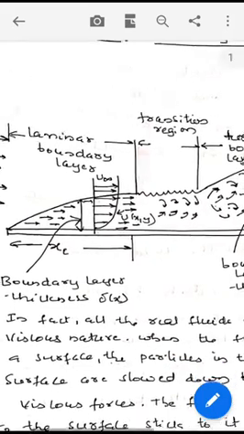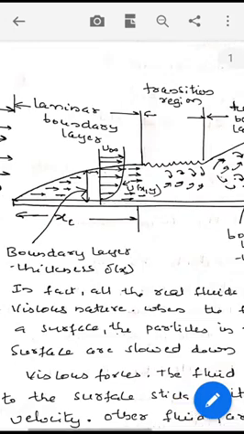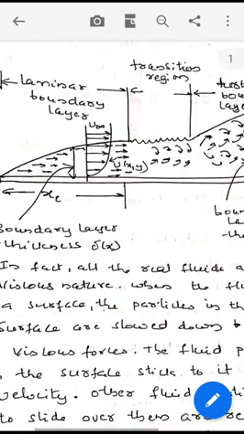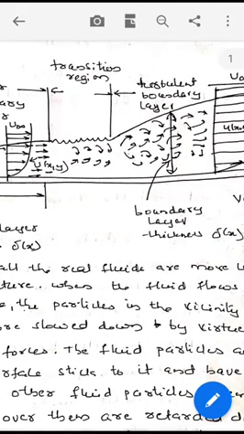Then when the critical Reynolds number is exceeded, which for the flow over a flat plate is 5 into 10 raised to 5, small disturbances in the flow get amplified and fluid fluctuations develop, causing intense mixing of the fluid layers. This characterizes the end of the laminar layer and the beginning of the turbulent boundary layer.